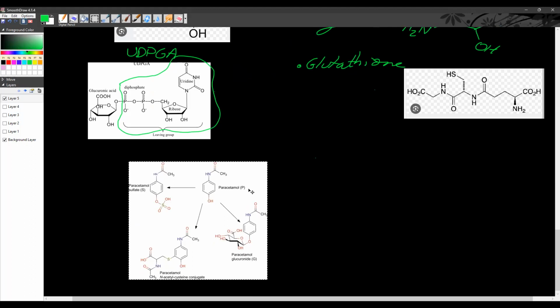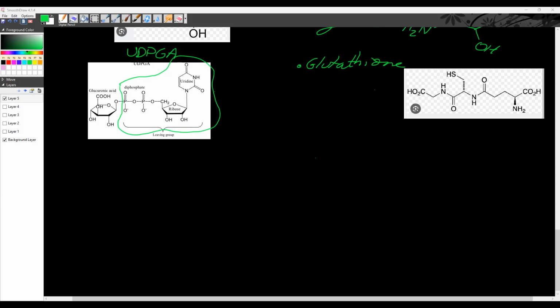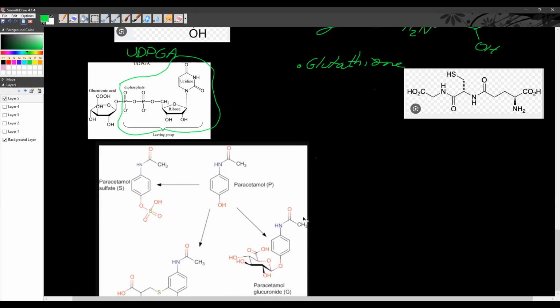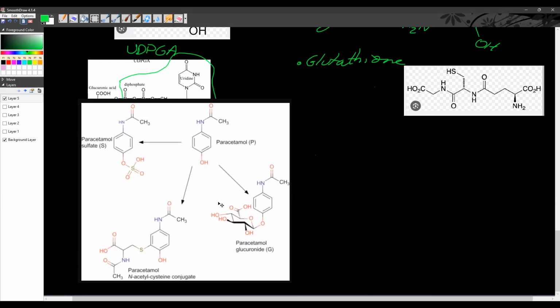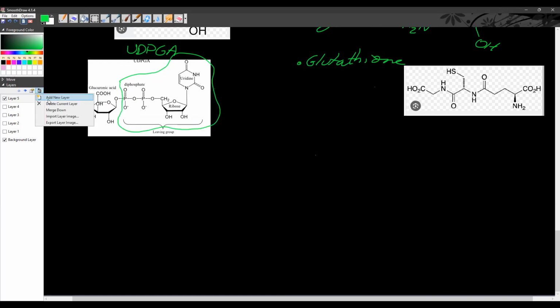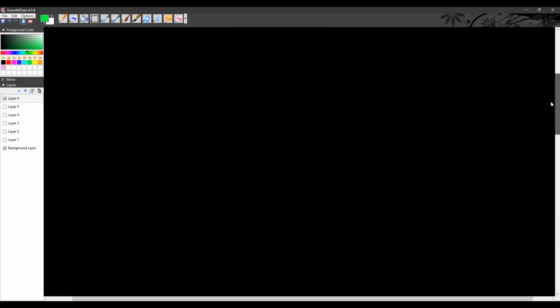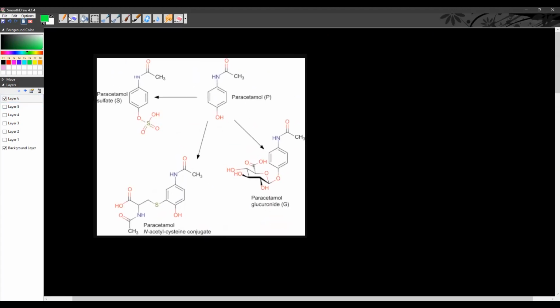So here, I can make this a little bit bigger. You'll be given the structure of a drug, and you'll be expected to be able to identify what the different conjugates are on that drug.